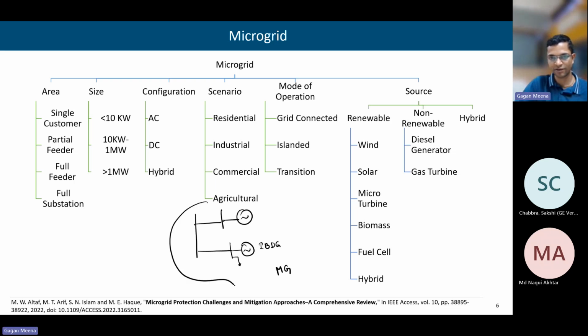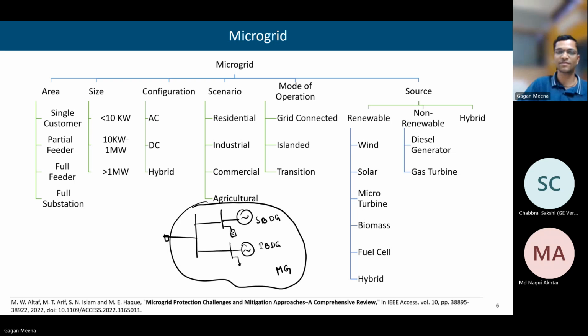What type of microgrid would this be based upon sources? This is a synchronous based distributed generator. This is an inverter based DG. Can you tell, is it a renewable, non-renewable, or a hybrid microgrid?